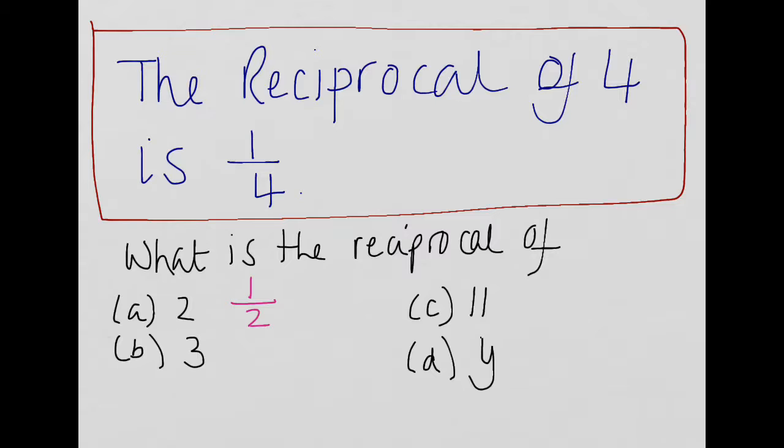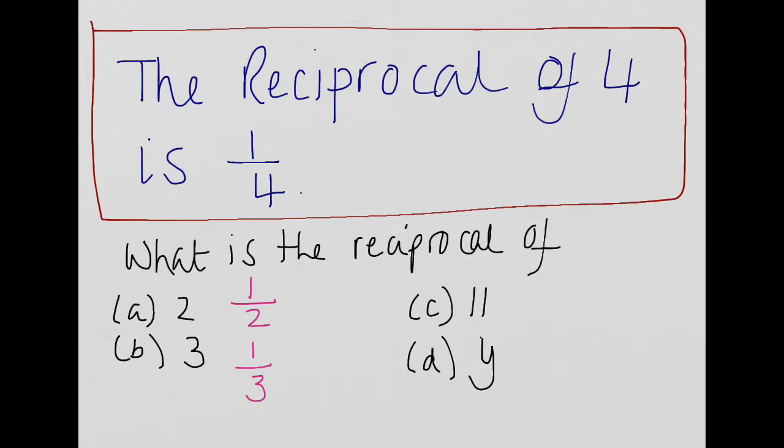Do you know what the reciprocal of 3 might be? Are you going to press pause and have a go at them all now, or do you want me to go through B? Well, here is B if you're not too sure. The reciprocal of 3 is 1/3.